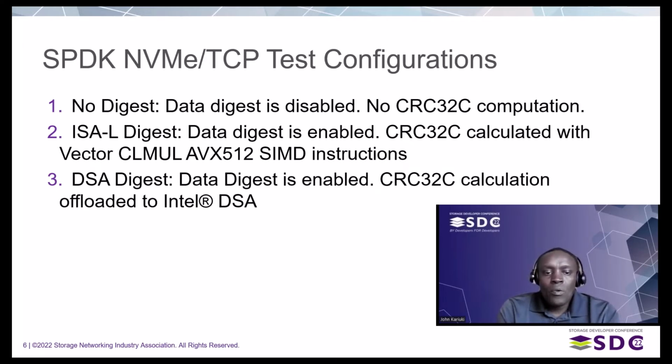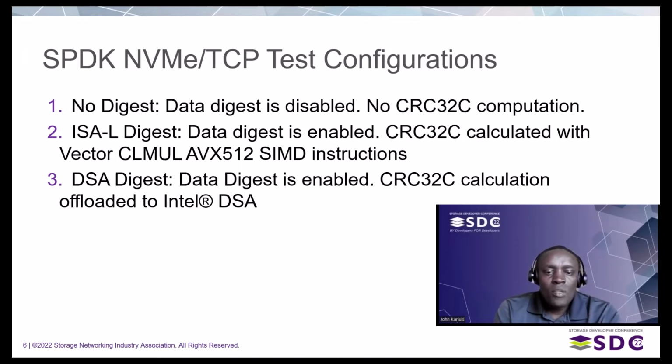And then in the third and final configuration, we had the data digest enabled, and we offloaded that CRC32C calculation to the DSA engine on the target system. So we ran the test, and we measured the performance in IOPS.